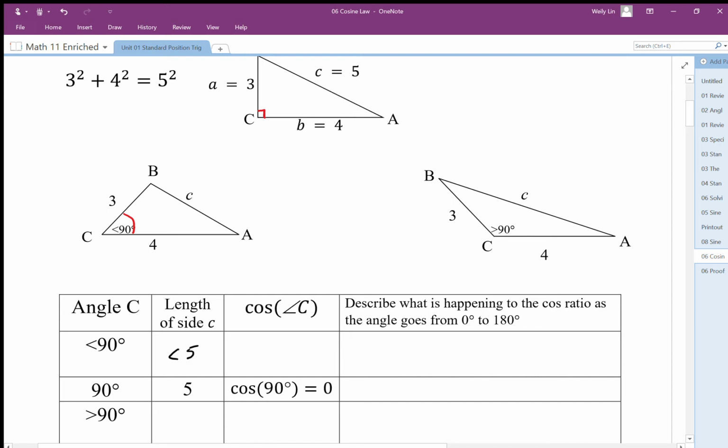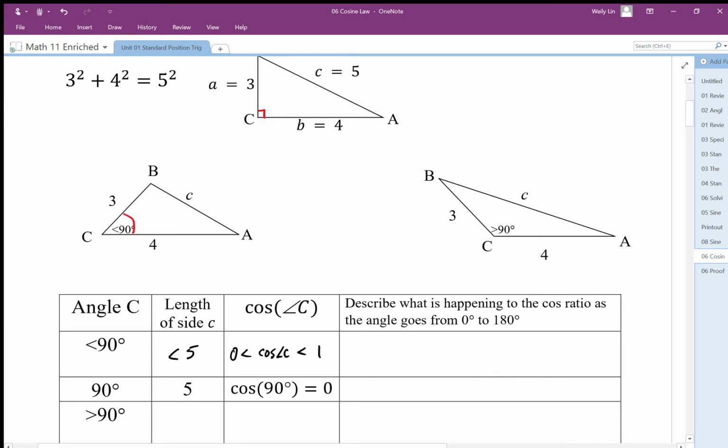The cosine of an angle less than 90 degrees should be between 0 and 1, positive.